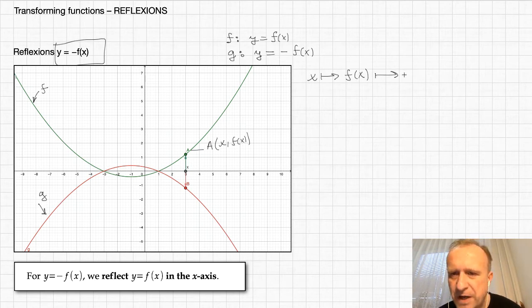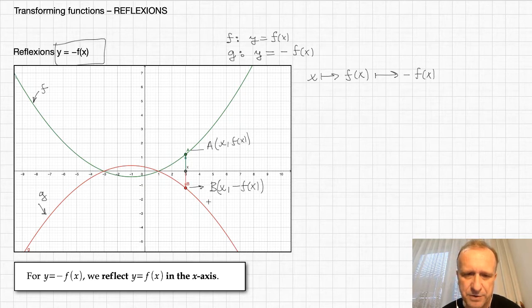So we multiply it by -1, or take the opposite number, so it's minus f of x, and use this number as the y coordinate of the point on the g curve. So this point B on the graph of the new function is going to have the same coordinate x, but minus f of x as its vertical coordinate.